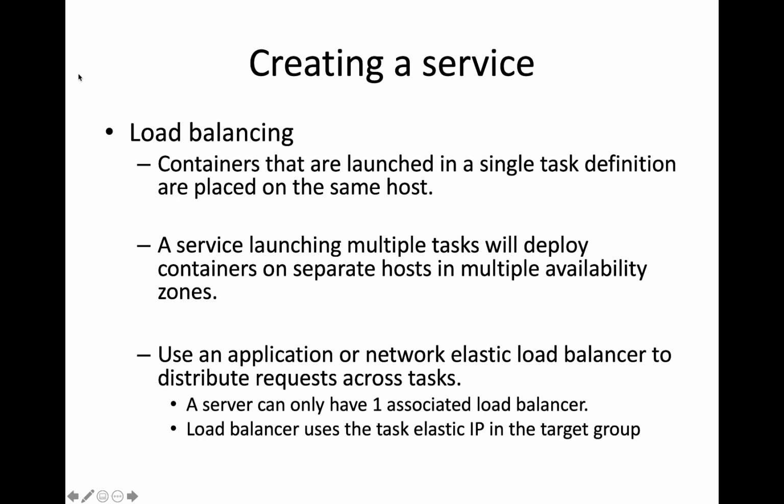Now, if you have a service that you define, like that Nginx task I was talking about earlier, and you say, I want to run 3 of those tasks within the cluster, and you configure the service to run on multiple subnets and multiple availability zones, then Fargate will actually try to deploy your containers across multiple availability zones on separate hosts for greater resiliency.